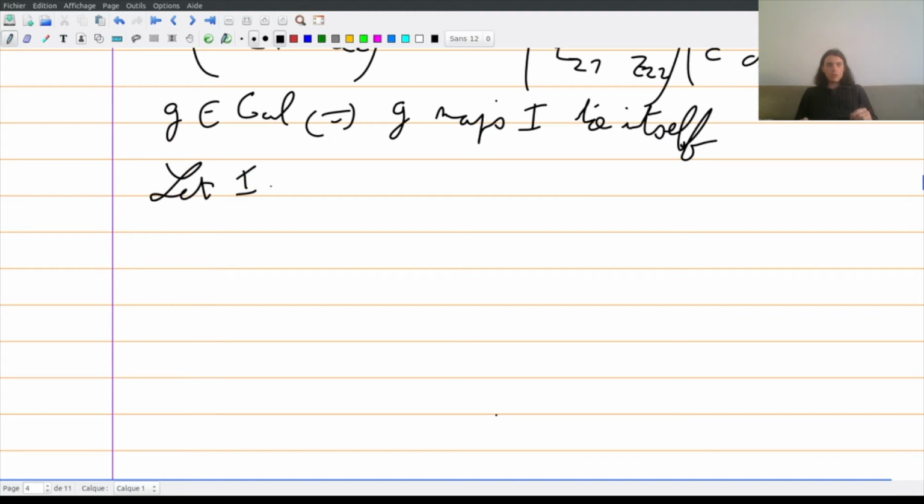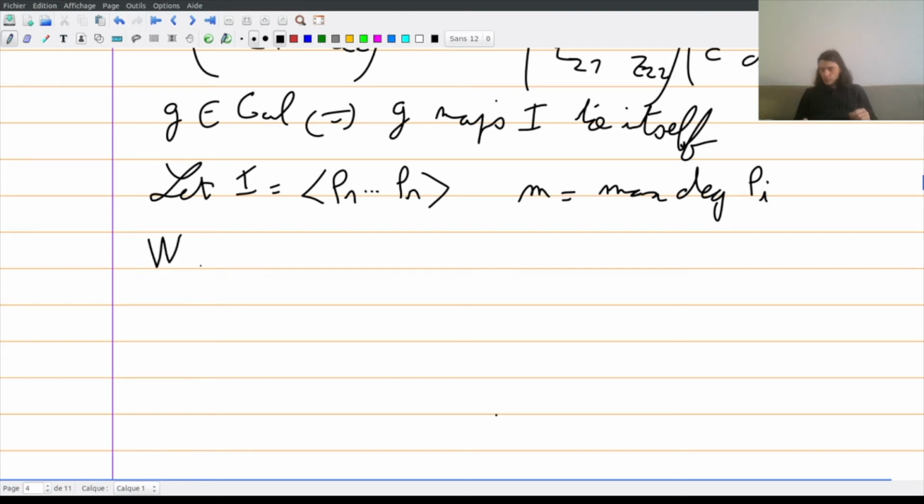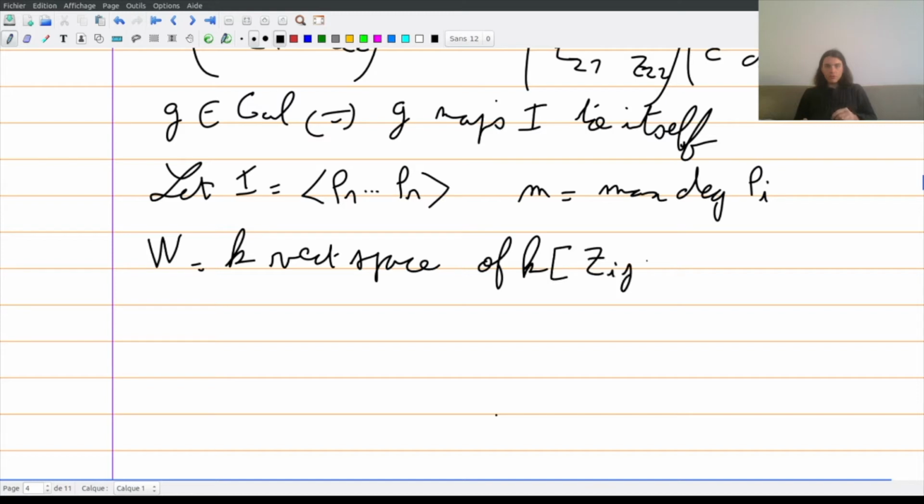So I remind that it's finitely generated, so it's generated by polynomials P1 to Pl, and I call m the maximum of the degrees of the Pi, and let me call W the K-vector space of K[Z_ij] of degree less than m.